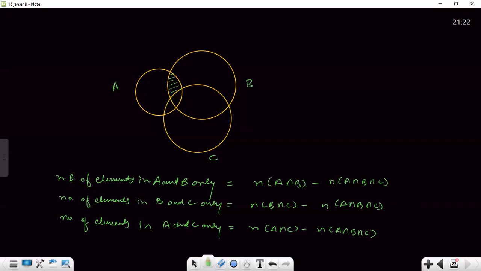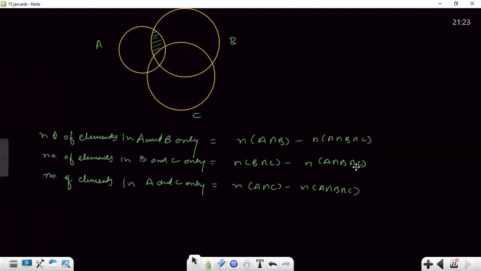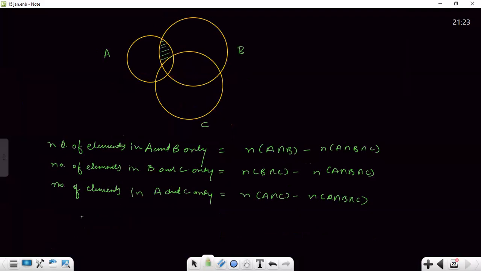What if we have to write the number of elements in exactly two sets, in exactly two of A, B, and C sets?